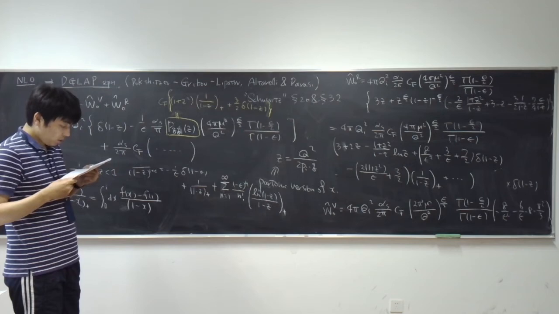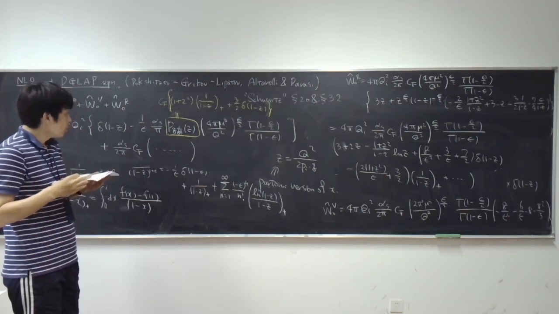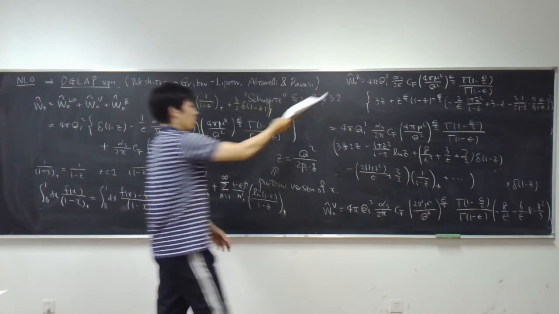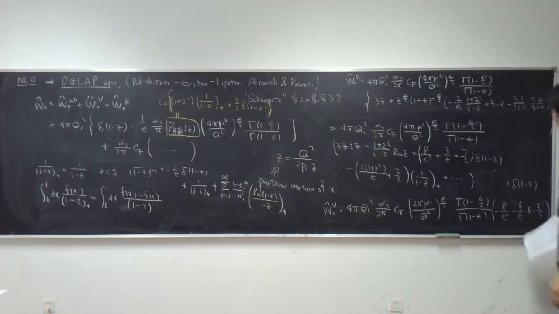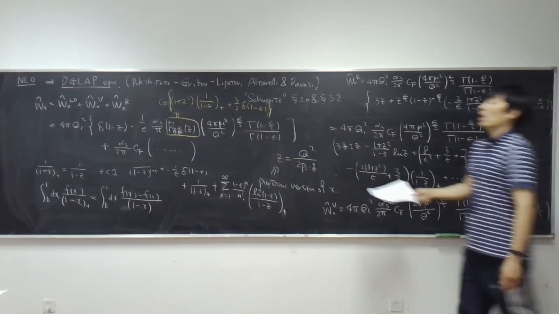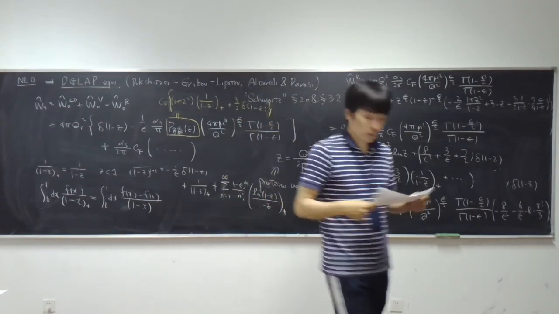Okay, so that's how it is obtained. We just sum the R and the B, cancel this one, and only look at the 1 over epsilon term to read off this qq splitting function.